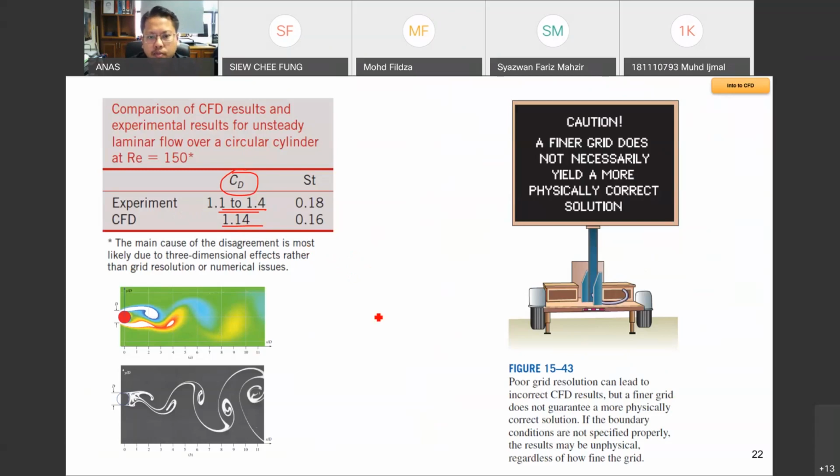Okay. So sometimes people get confused. If, for example, I write something like this, you have experimental result, you have CFD output here. The correct way that we should say, or should understand, is that experimental value must be used to validate CFD.